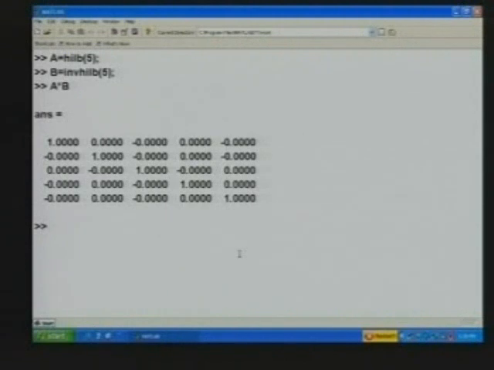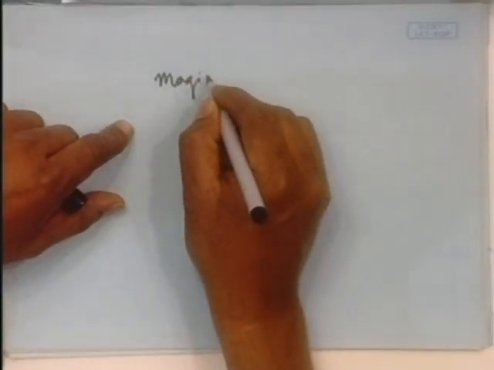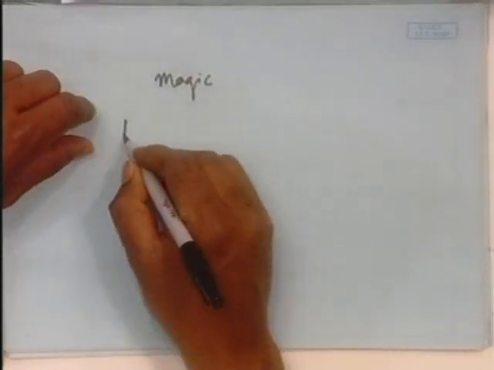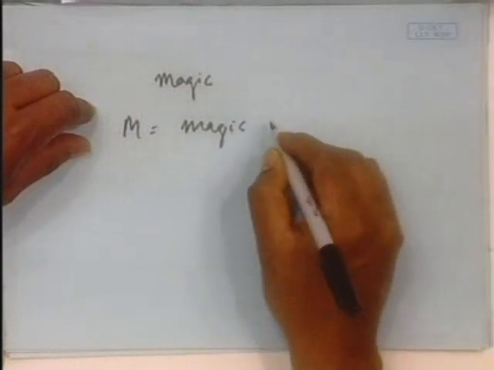Now the next matrix is magic. Magic matrix is very easy. It is the magic square matrix which generates a magic square. What is a magic square? A magic square is a square matrix. Suppose you write magic n.